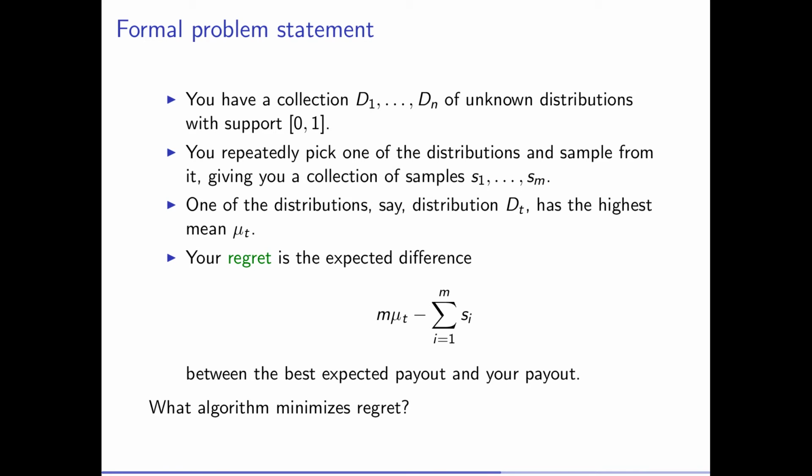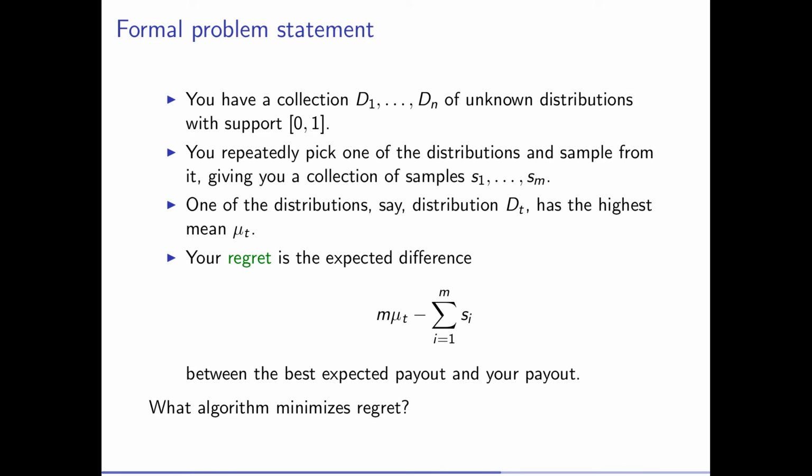And the game we're going to play is we're going to repeatedly pick one of the distributions and sample from it. That'll give us a collection of samples, and then we're going to compute how well we did versus what the optimal choice would be. We don't know the optimal choice, but theoretically we can talk about it. One of the distributions, unknown to us, has the highest average payout.